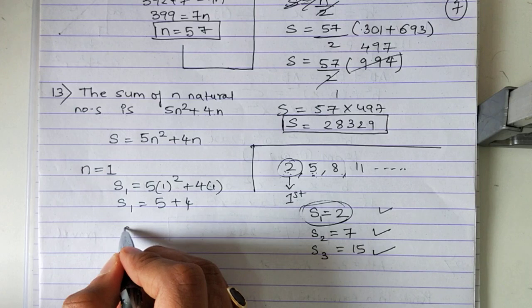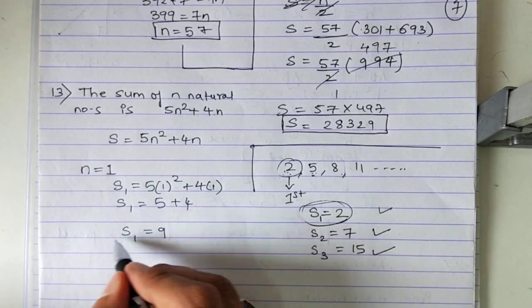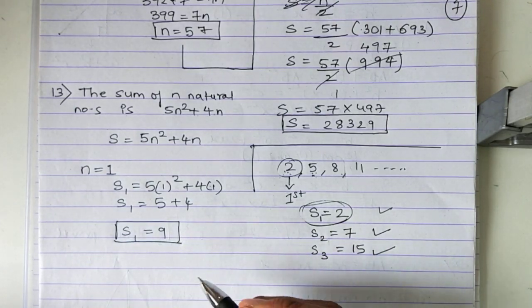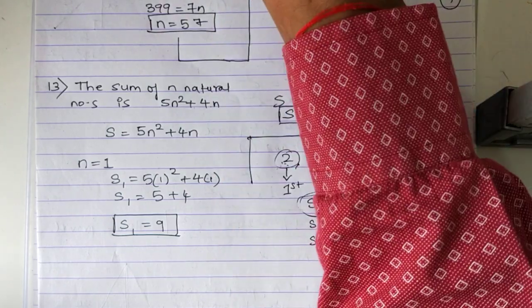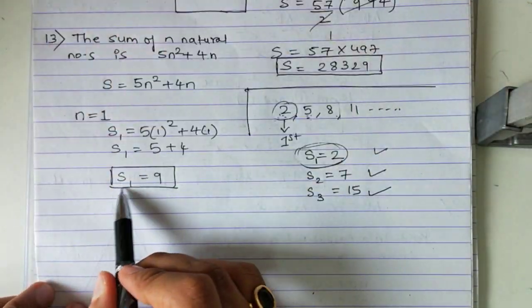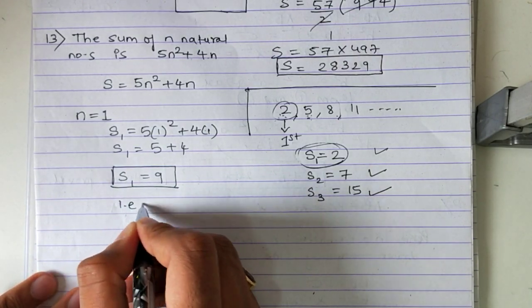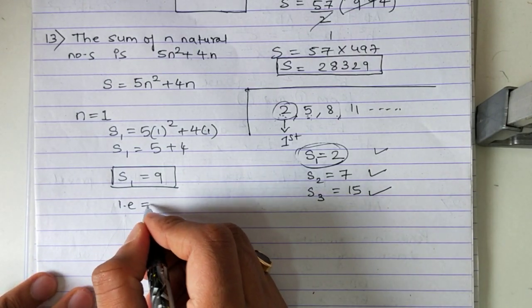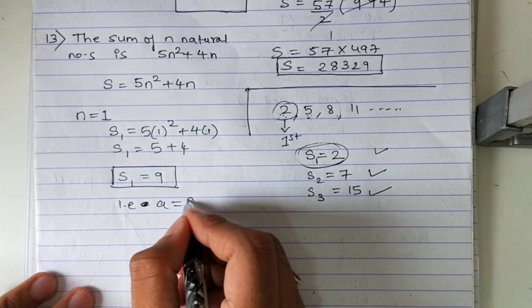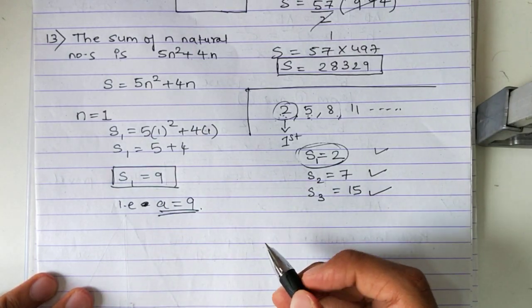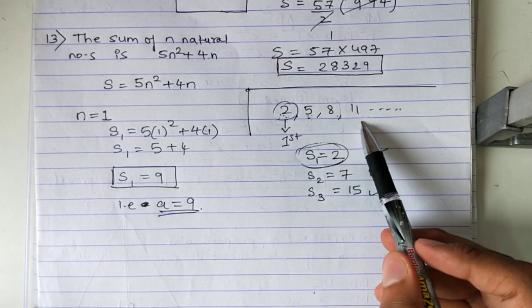Five plus 4, so S1 is equal to 9. Means sum of one term, meaning the first term is 9, so A is equal to 9. Do you understand this? I gave you an example. This is the AP.